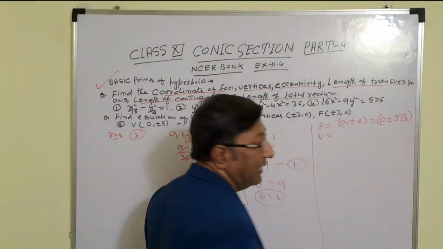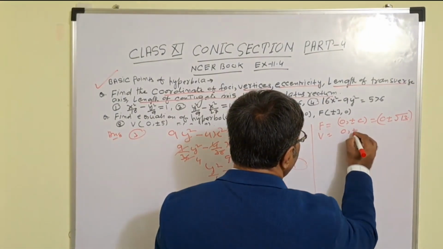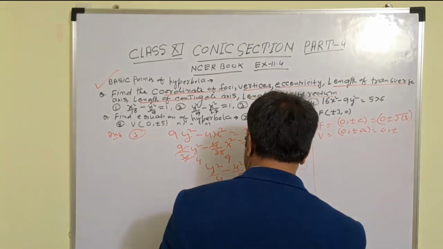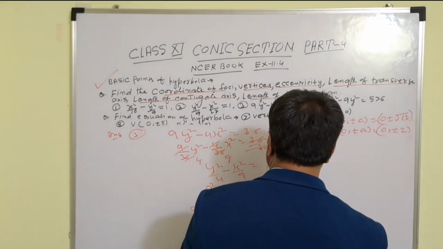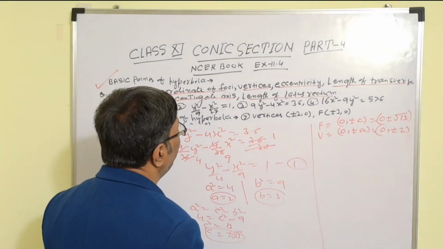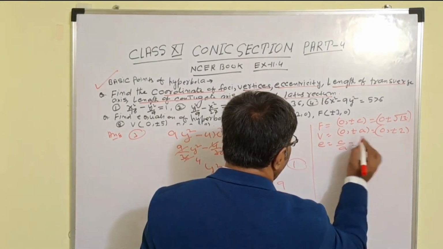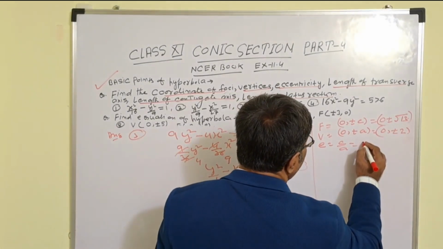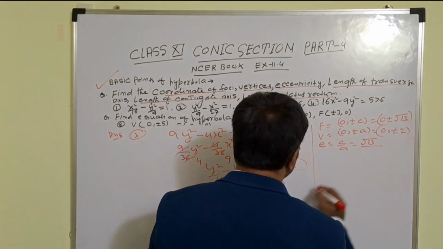Again, the coordinates of the vertices. They are on the y-axis, so (0, ±a). A is 2, so this is (0, ±2), the right answer. Then we have to find eccentricity. e equals c by a. C is root 13, we take positive, so root under 13 upon a, a is 2.